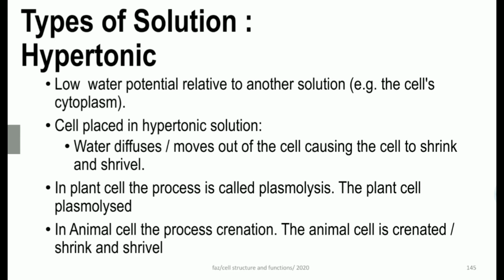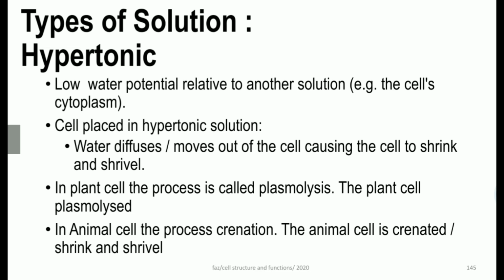If a cell is put in a hypertonic solution, remember a hypertonic solution is a solution that has fewer water molecules. Therefore, water will diffuse or move out of the cell, causing the cell to shrink and shrivel.